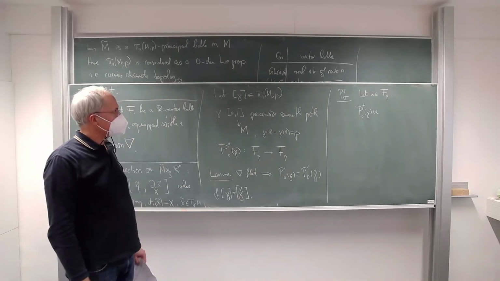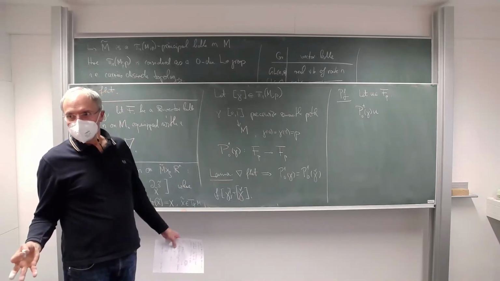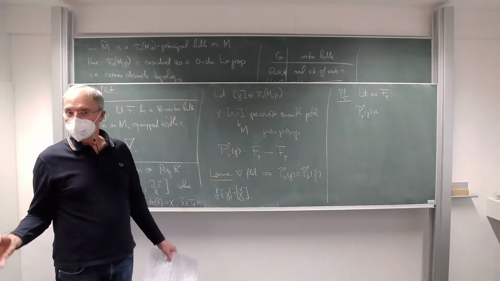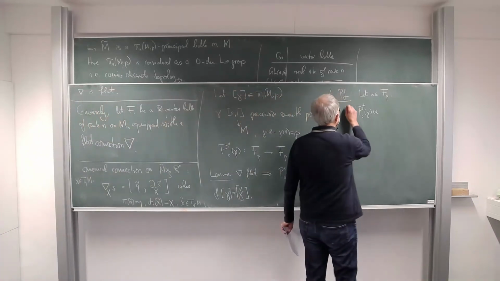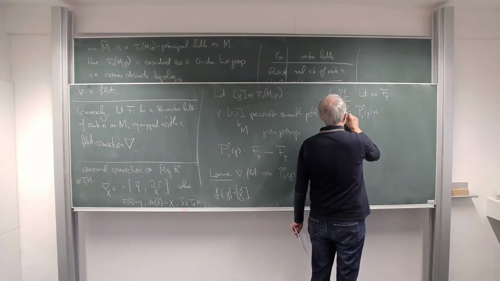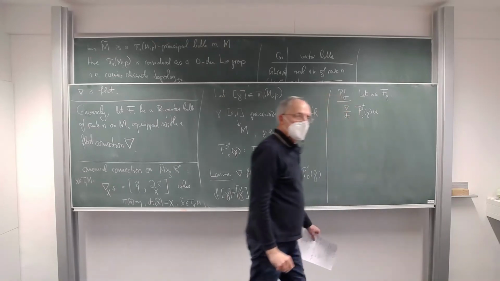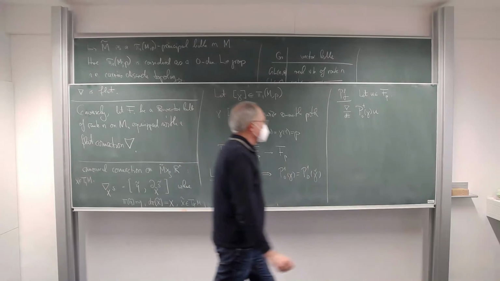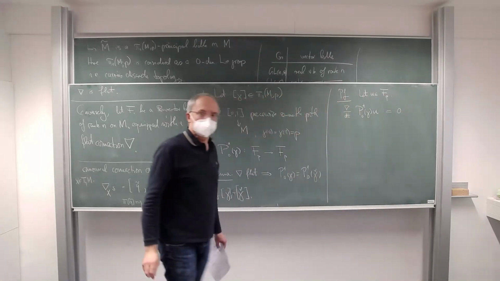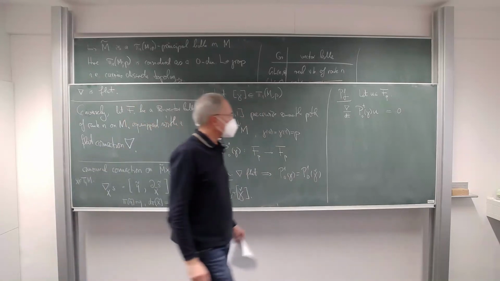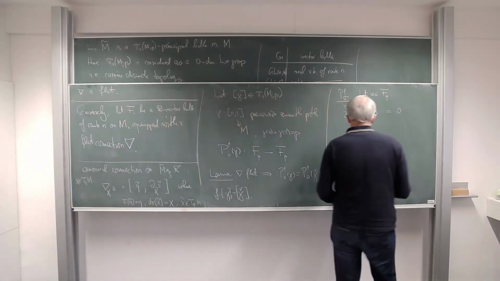Then, by definition of parallel transporter, this is parallel in t, right? This is a parallel section along the path gamma. So if I differentiate this with respect to the covariant derivative, then I get 0. That's the definition of parallel transport.